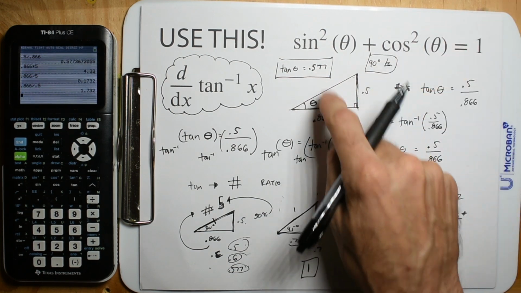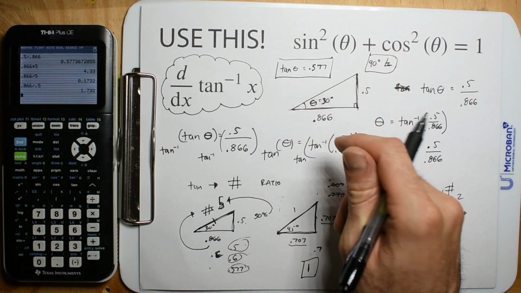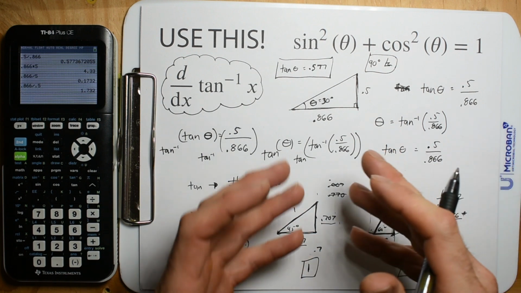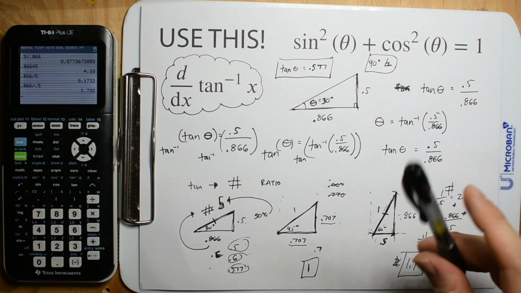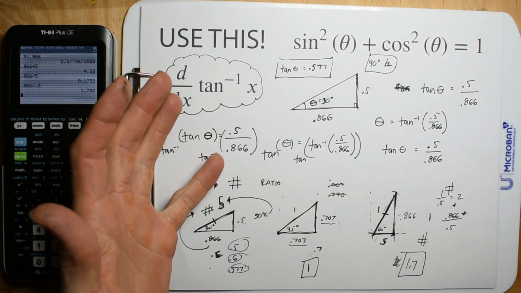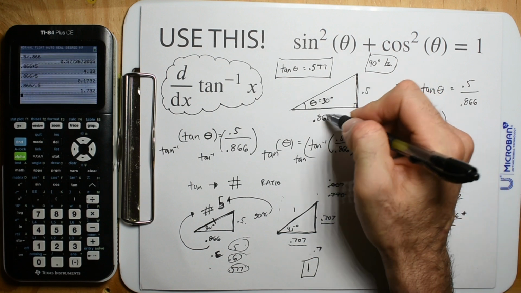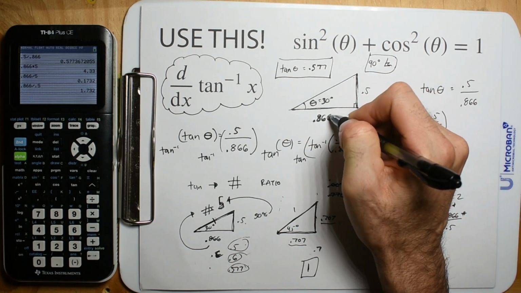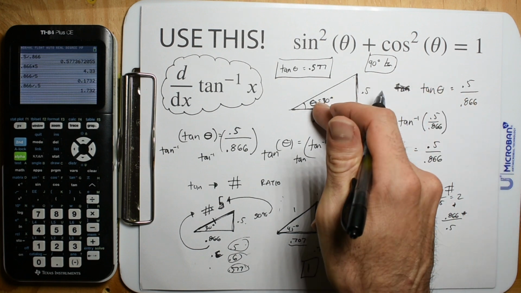But still, it just feels like just knowing 2 things, you know everything about this triangle. And that's kind of cool. So if we know these 2 sides of a right triangle, we know everything about it. And we know the angle.